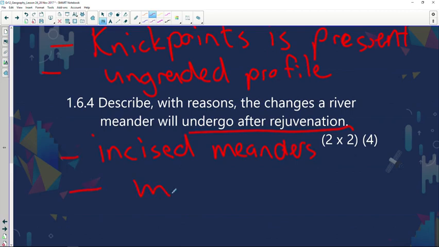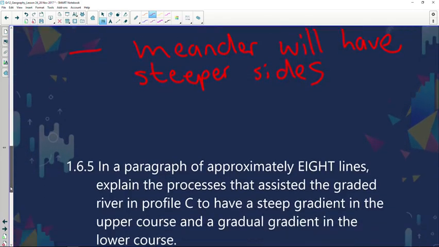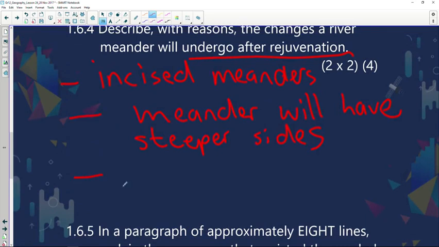The meanders will have steeper sides. And lastly, it will form a cut-off meander or oxbow lake.